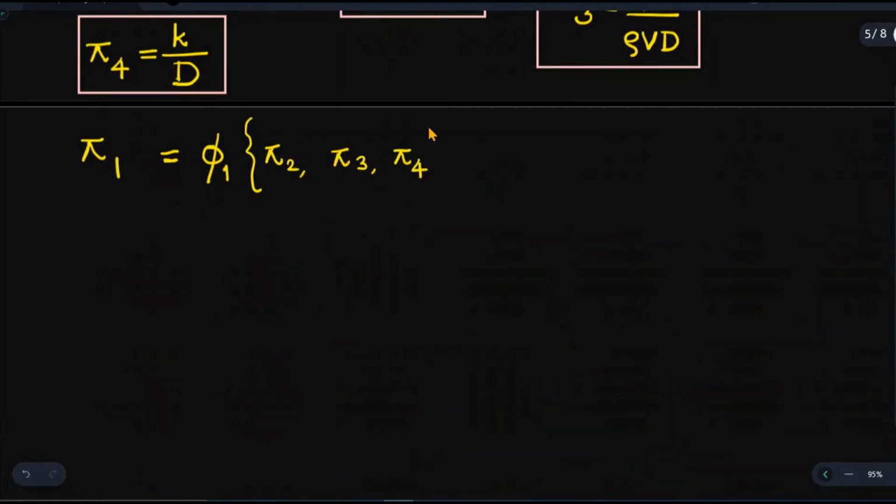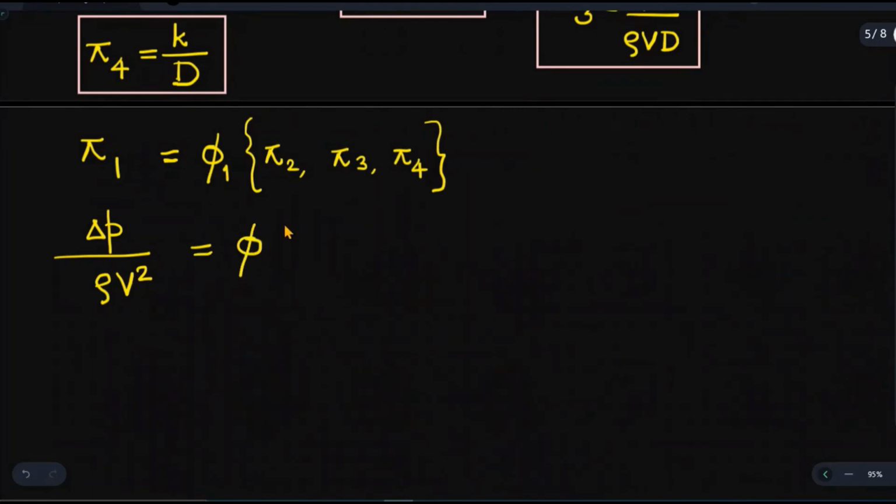Please be very careful about writing down these relations. Final one, because we have found out the pi terms already. What is pi 1? It is delta P, the pressure drop over the length of the pipeline L, delta P by rho V square. Okay. And the right hand side is a function of pi 2, pi 3, pi 4.